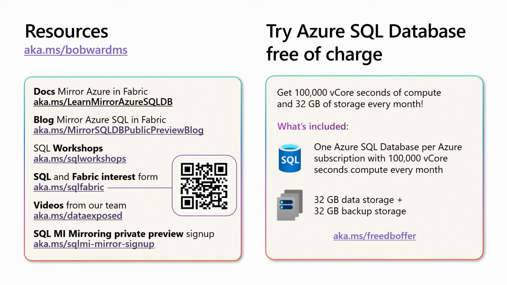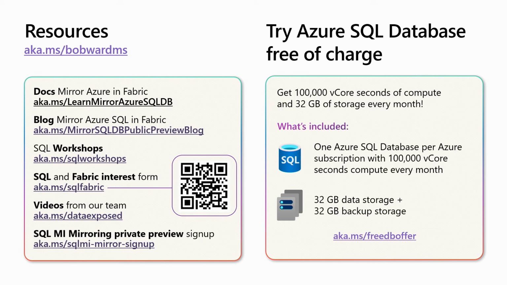Now, many in the room, you know Azure Database. Did you know this? There is a free offer right now for the lifetime of your subscription. So imagine you taking a free Azure SQL Database and a trial for Fabric, and for free, start doing a proof of concept for mirroring. You can do it today and pay no money.